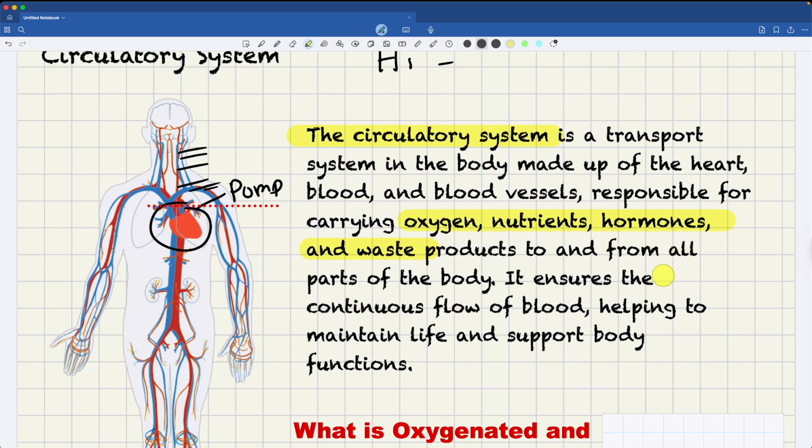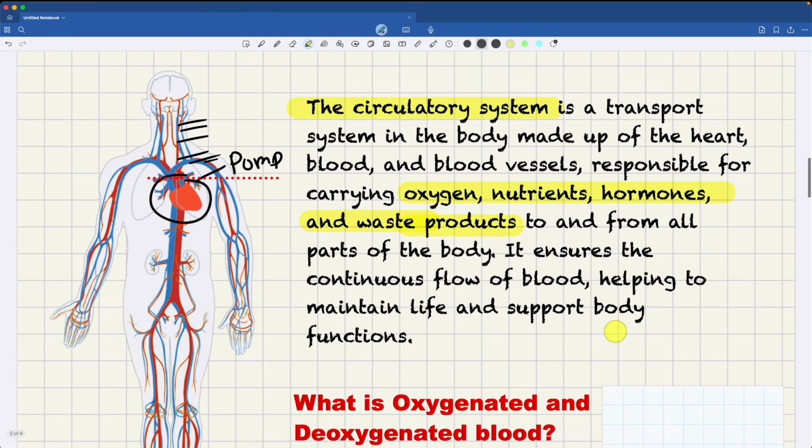Other than oxygen, nutrients, hormones and waste products like urea are also transported this way. This system ensures the continuous flow of blood, helping to maintain life and support body function.